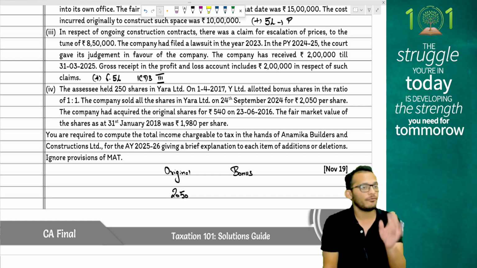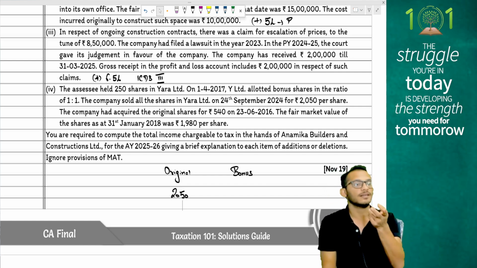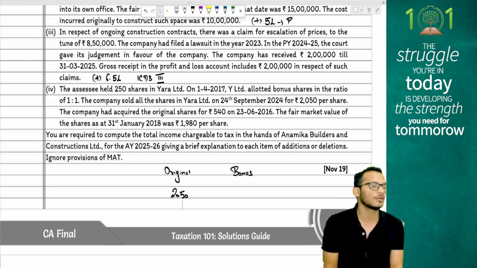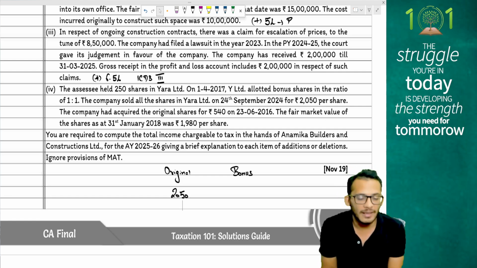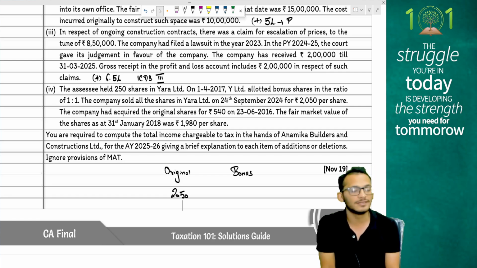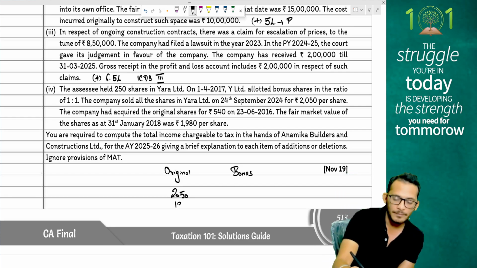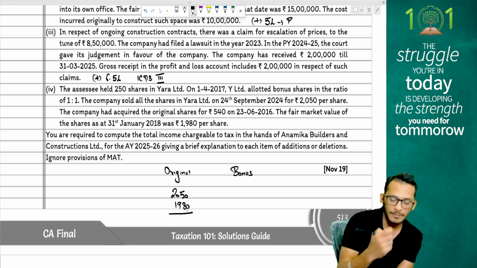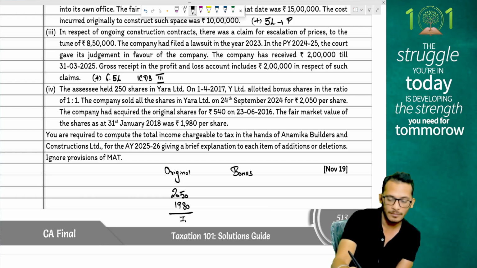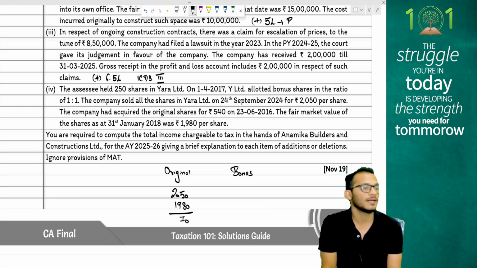So it is FMV or FVOC, whichever is lower. My FVOC is 2050, my purchase value is 540, my FMV is 1980. I will take 1980 as the number, giving me an answer of 70.